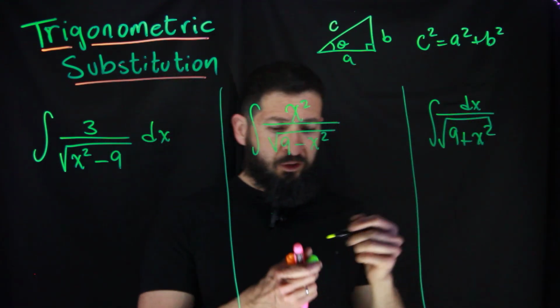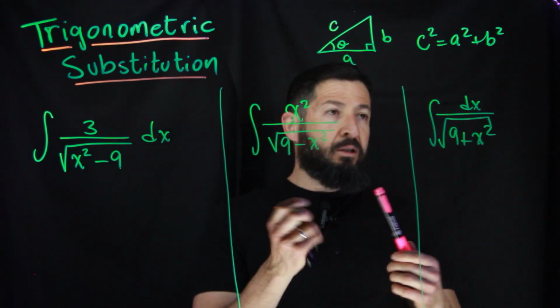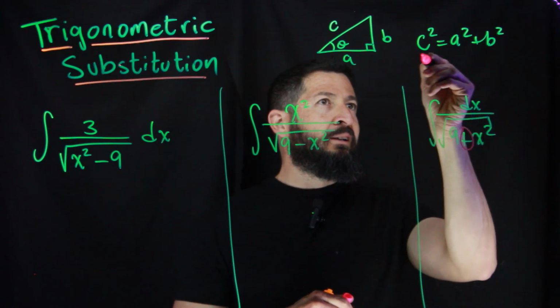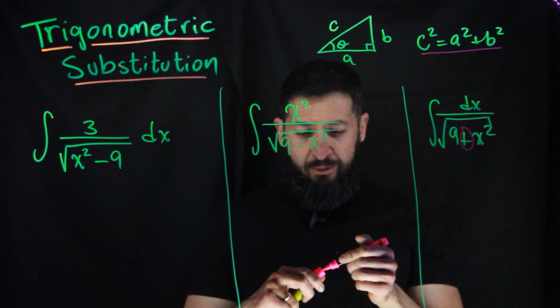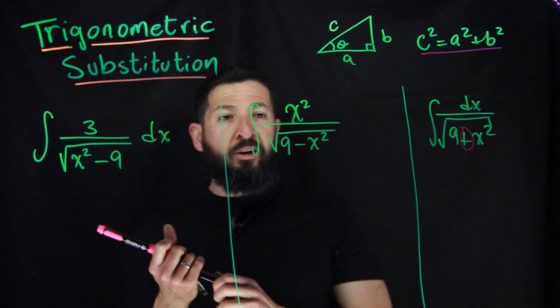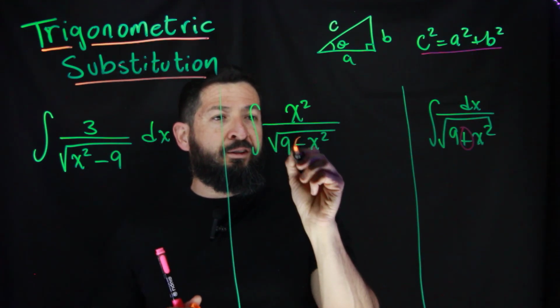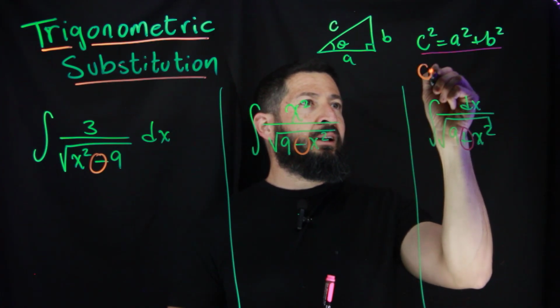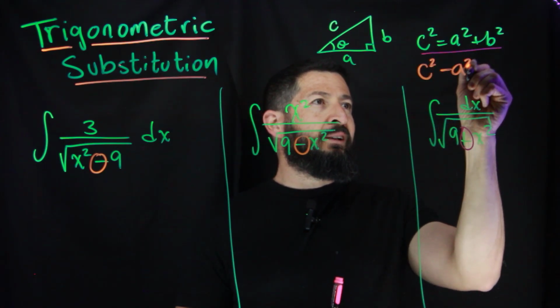Now, when you have a plus, you're in this situation here. However, in these other two situations, we have a minus. So what you want to do is look at subtracting one of these.